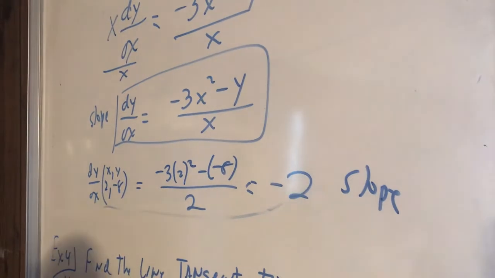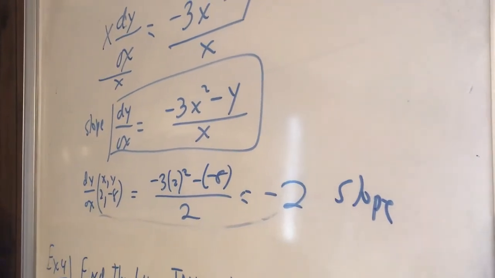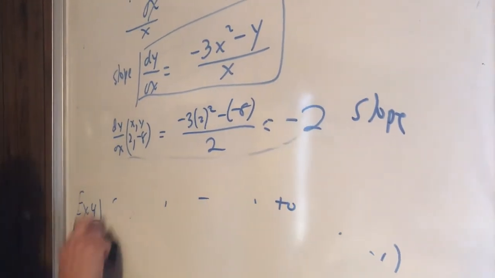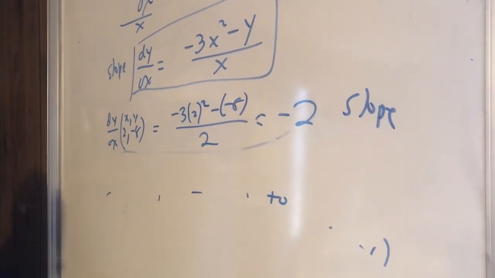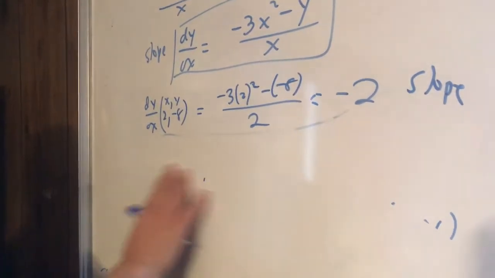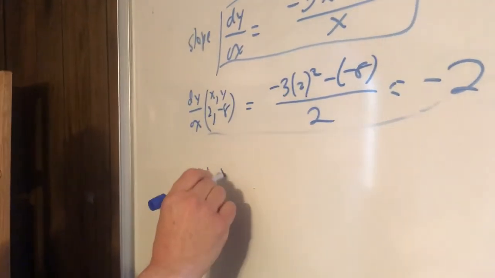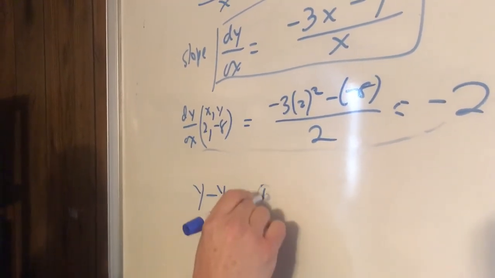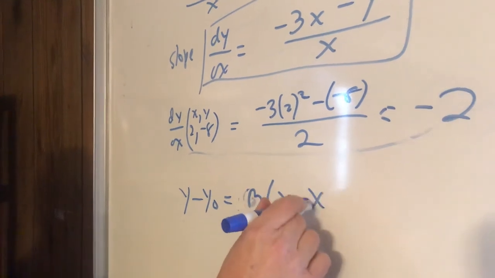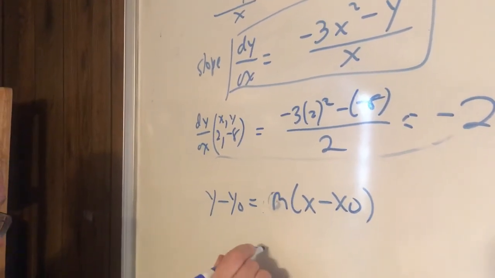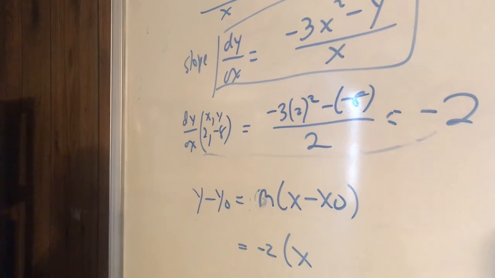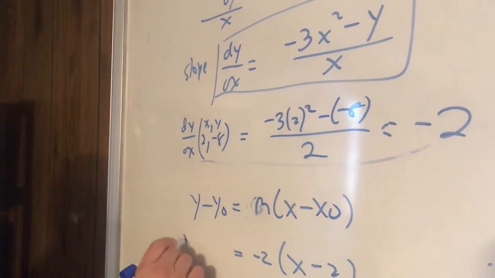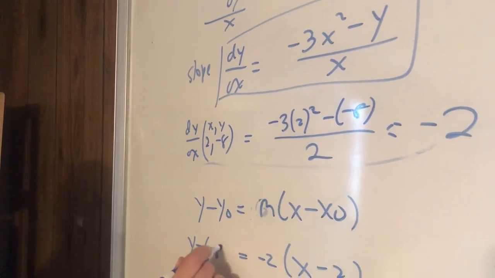In order to get the rest of the straight line, I just substitute into the point-slope form. So y minus y0 equals m times x minus x0. We know the slope is minus 2. We know the first x is 2, and the first y is minus 8.